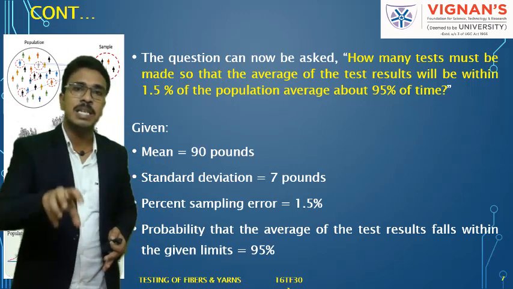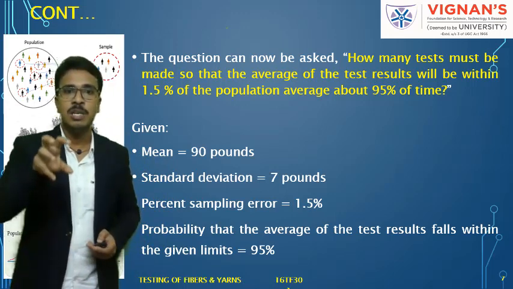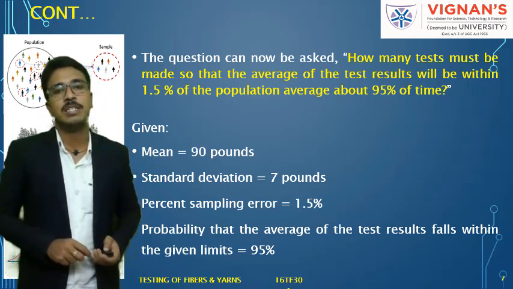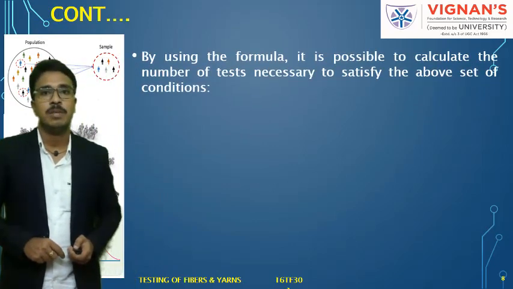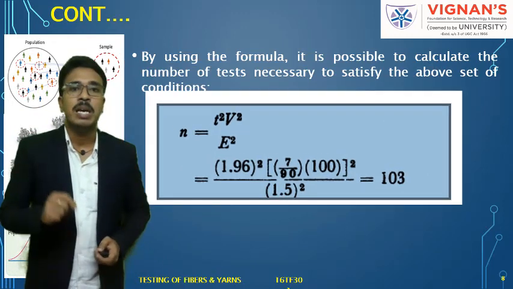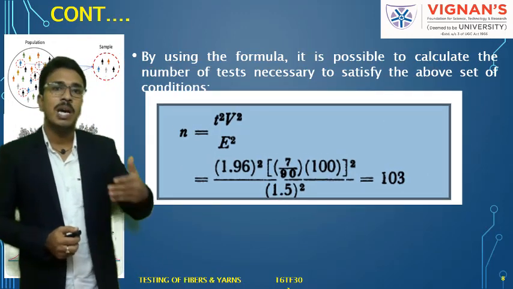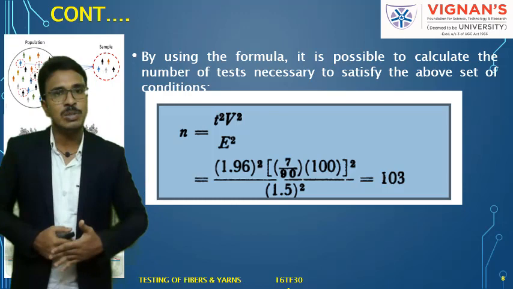These are the given conditions. If we want to meet these conditions, how many tests are to be carried out? We have a formula: n equals t squared into v squared divided by e squared.